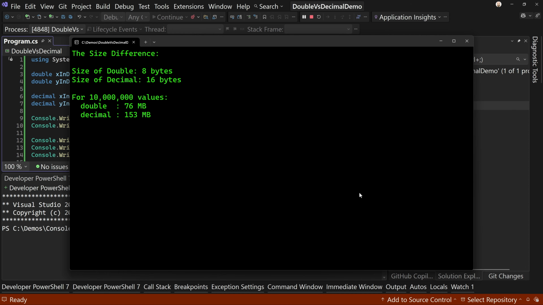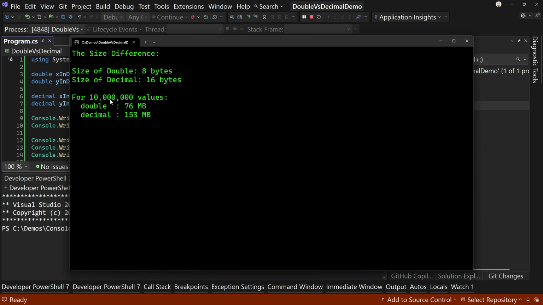Okay, so let's also talk about size differences. A double takes up 8 bytes. Remember, one byte is 8 bits. So 64 bits go into a double, whereas 128 bits go into a decimal. It takes up twice the size to store the information about a decimal.